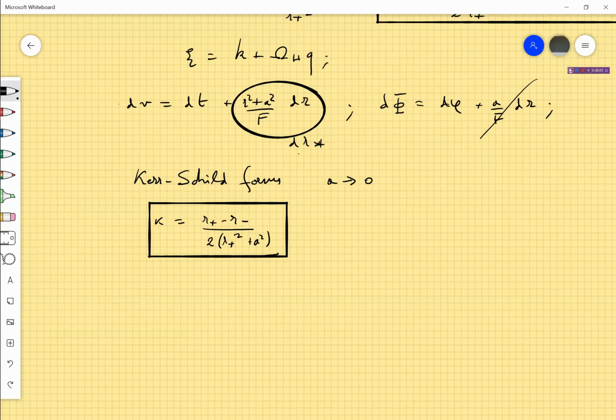Just one observation, when we talked about the near horizon limit of an extremal black hole being AdS2 cross S2, we were talking about the static black holes only. So the near horizon limit of the extremal Kerr is something else. Okay, it has its own name. It's just the near horizon limit of extremal Kerr.